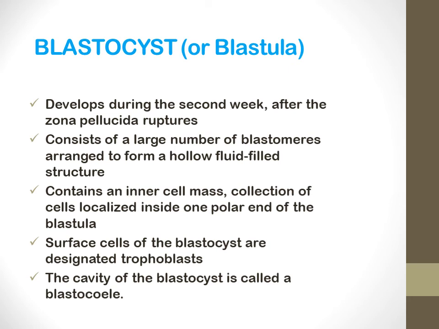The surface cells of the blastocyst are designated trophoblast. This is the future chorion formation in the fetus or conceptus. The cavity of the blastocyst is called the blastocele. Eventually the blastocyst attaches to or implants within the uterine wall, depending on the species.